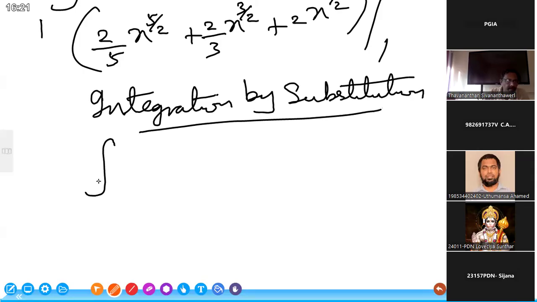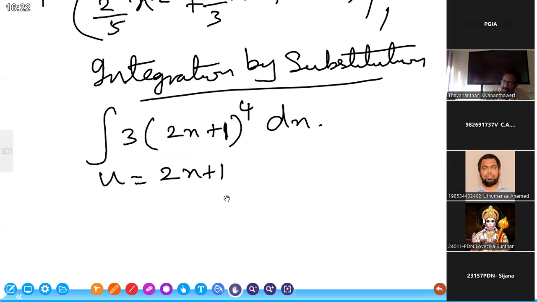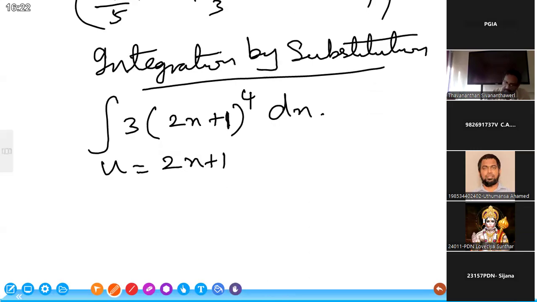So you integrate the function 3 into 2x plus 1 to the power 4. Now you see power 4, right? Here we consider u as 2x plus 1, so that we can write it as the integral of 3 into u to the power 4.